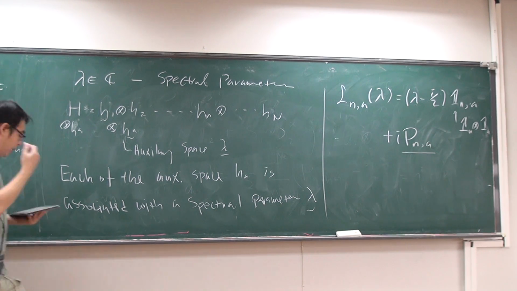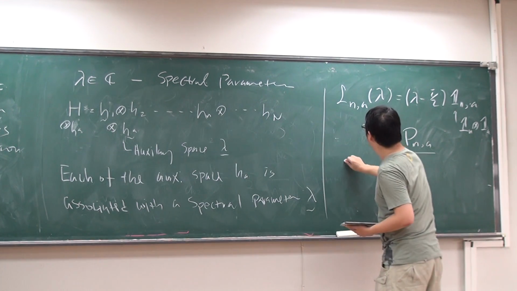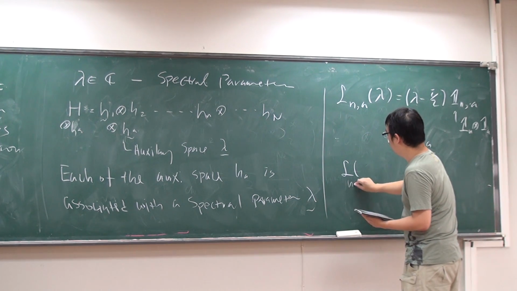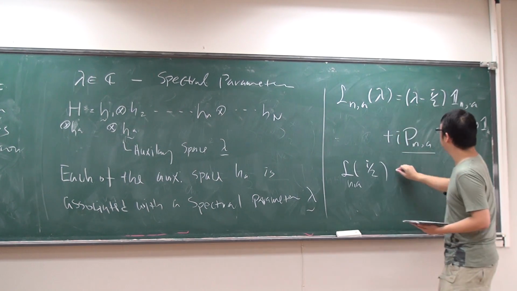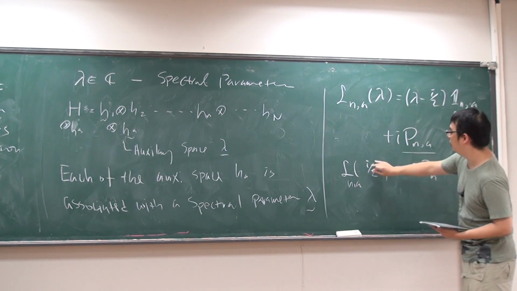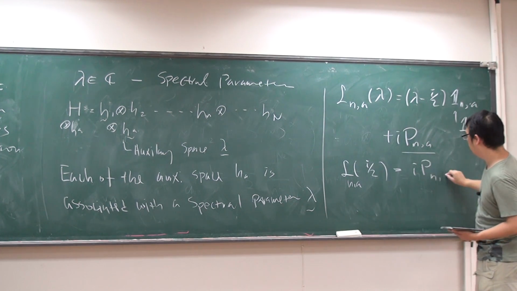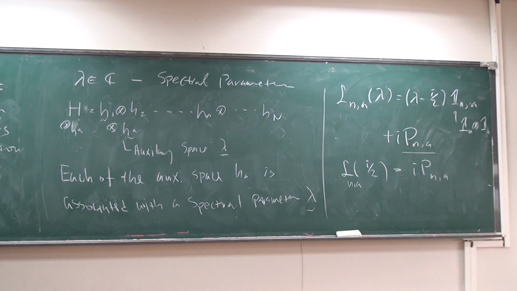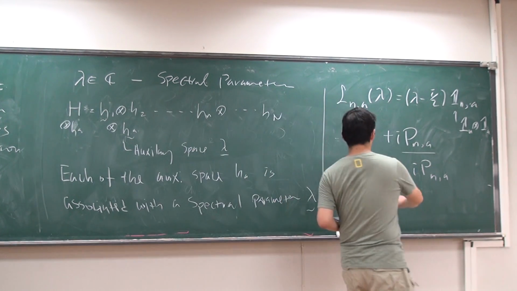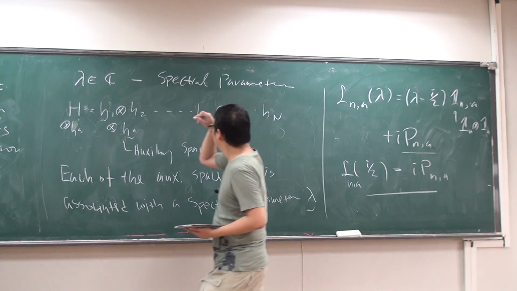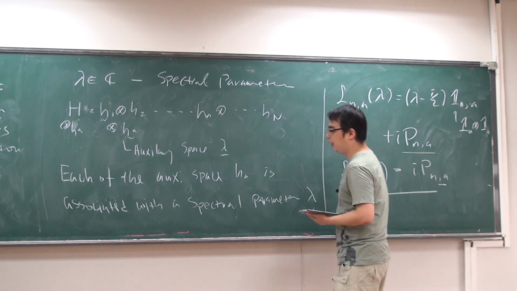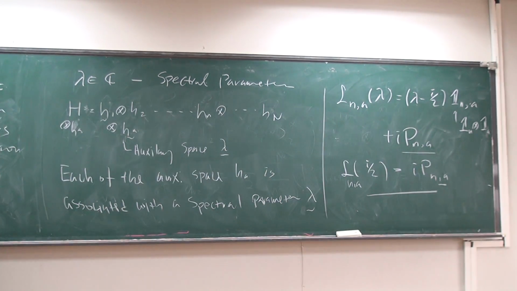So that's basically telling you that if lambda is equal to i over 2, the Lax operator reduces to our permutation operator. This will become quite useful later as well when we try to pick out the momentum and the energy of this entire spin chain system.